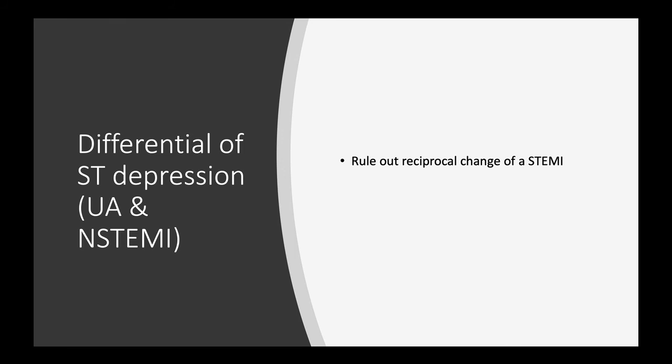What your eyes would have just picked up was ST depression in probably 1 and AVL. So it's important that you look at all the leads. If you see some leads with ST depression, make sure you're not missing ST elevation in some of the leads, because what you might be seeing as ST depression might be the leads with reciprocal changes. And as I said earlier, in posterior wall infarctions, you could get just ST depression in V1 and V2.